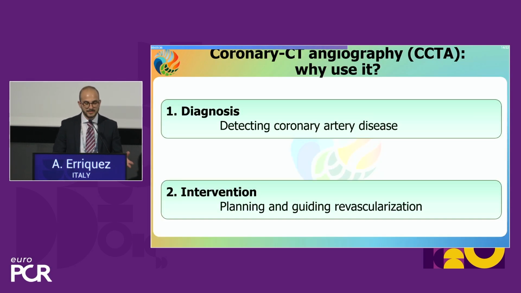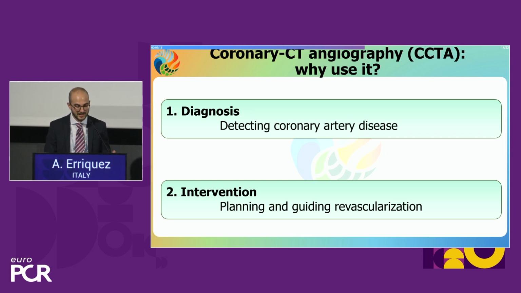Well, similar information, useful and helpful for interventional cardiologists, can be obtained also with coronary CT angiography. This technology can be used for both the diagnostic part, to detect coronary artery disease, but also, and probably mainly, for the interventional part, to plan and guide revascularization.